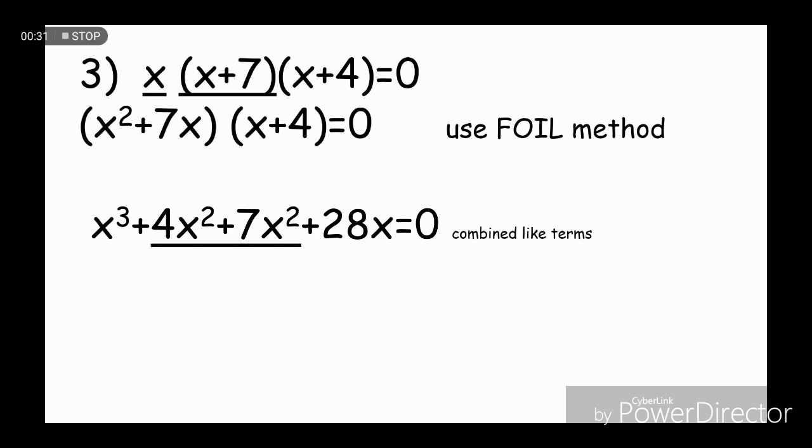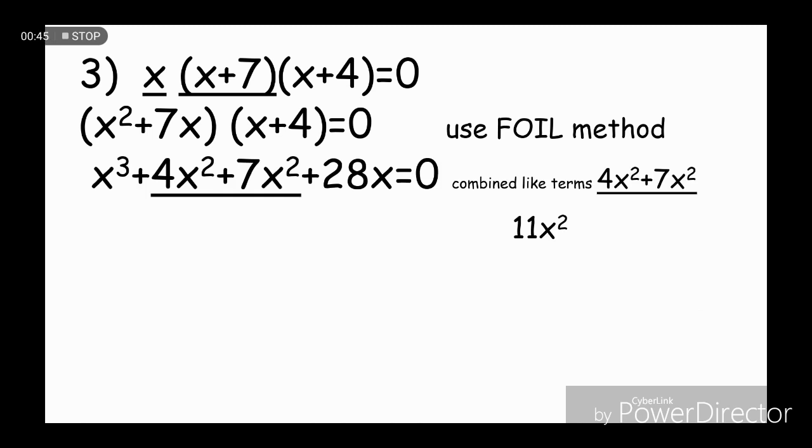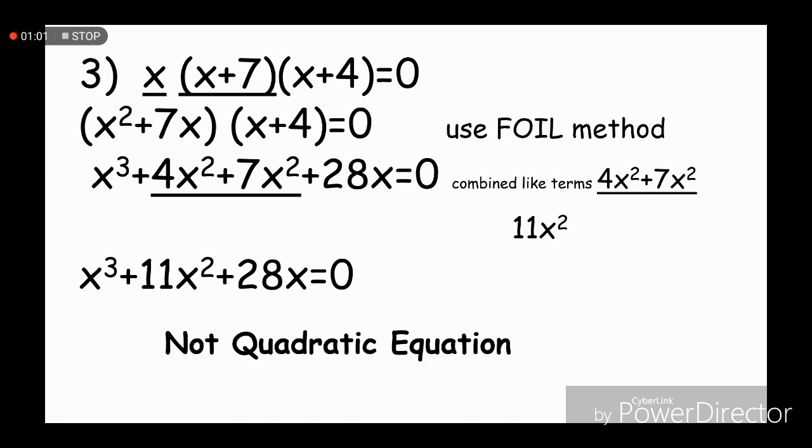Then, combining like terms, x cubed plus 4x squared plus 7x squared plus 28x equals 0. The like terms are 4x squared and 7x squared. The answer is 11x squared. Then the final answer is x cubed plus 11x squared plus 28x equals 0. Therefore, it is not a quadratic equation.